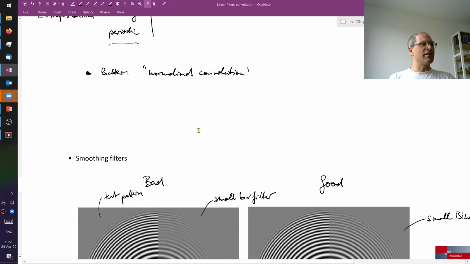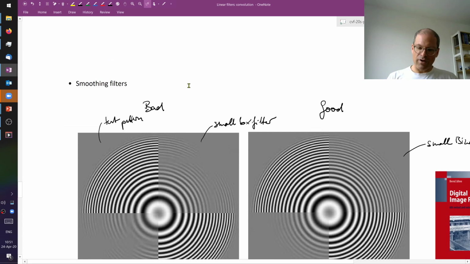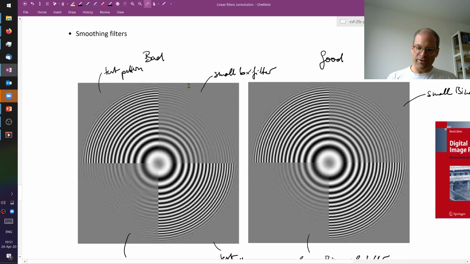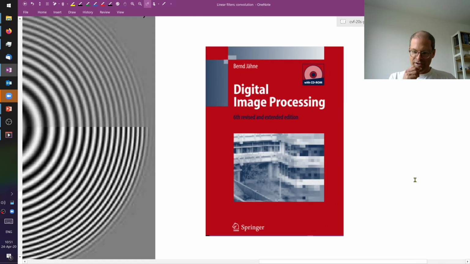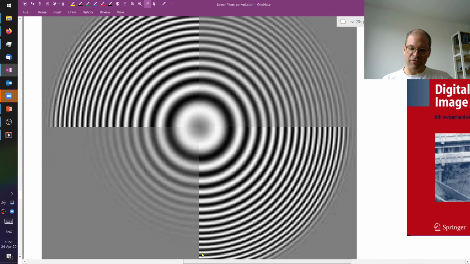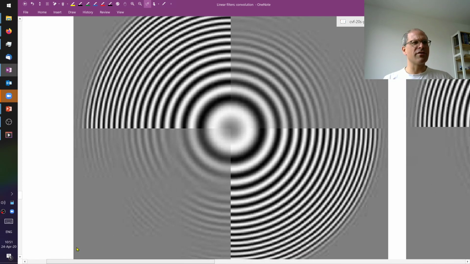Good. Then in pictures, I want to show you here from this textbook of Bernd Jähne, who until recently was a professor in computer vision and in environmental physics at Heidelberg University, the effect of various smoothing filters.